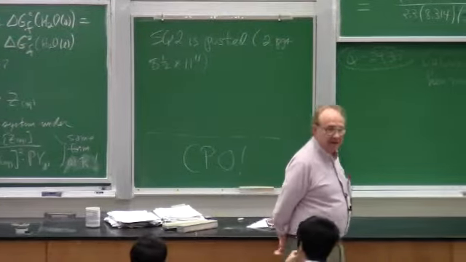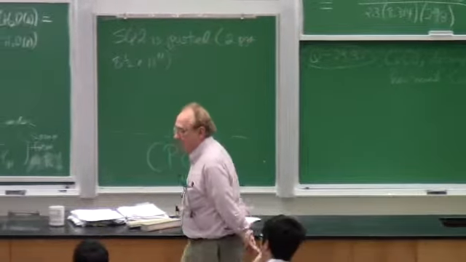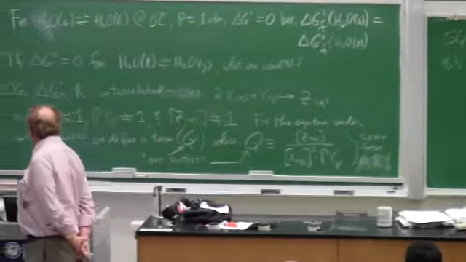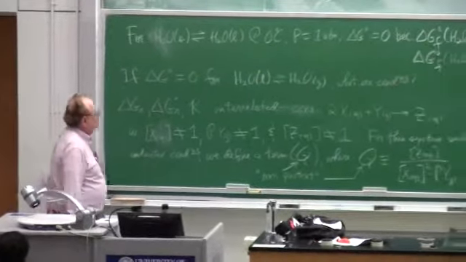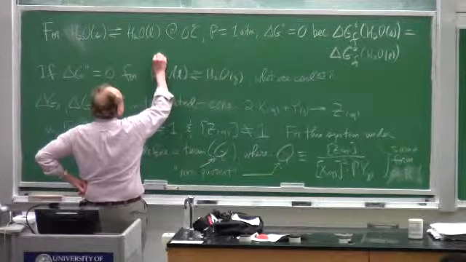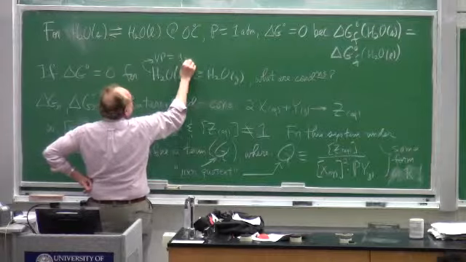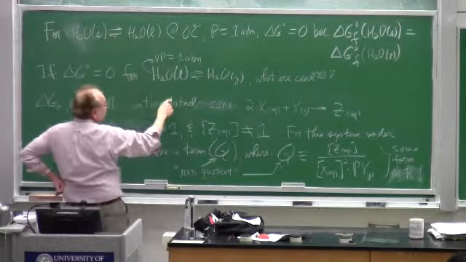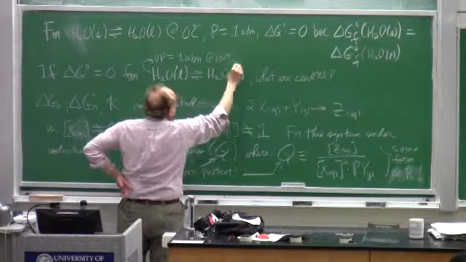That's right. Because at 100 degrees centigrade, what's the vapor pressure of water liquid? 1 atmosphere. At 100 centigrade.